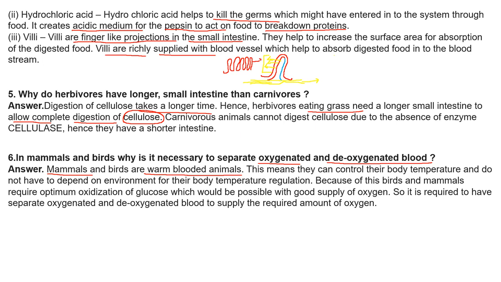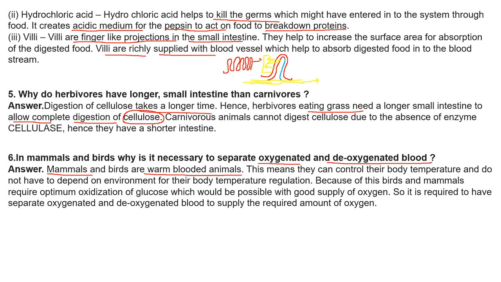So this means we need to control our body temperature, and for that we have to do a lot of metabolic activities, and this metabolic activity in fact is done by enzymes, right? And these enzymes will definitely work properly at an appropriate temperature. They will die if we increase the temperature, or if we decrease the temperature, their work efficiency will fluctuate.